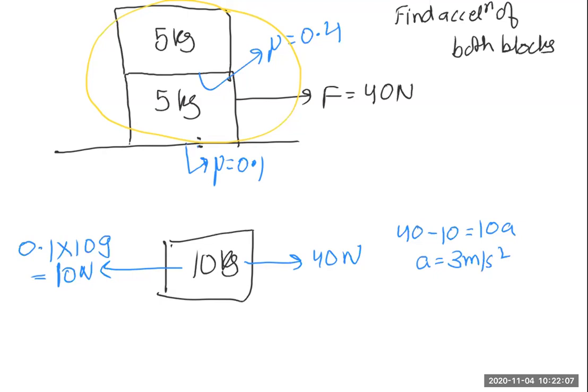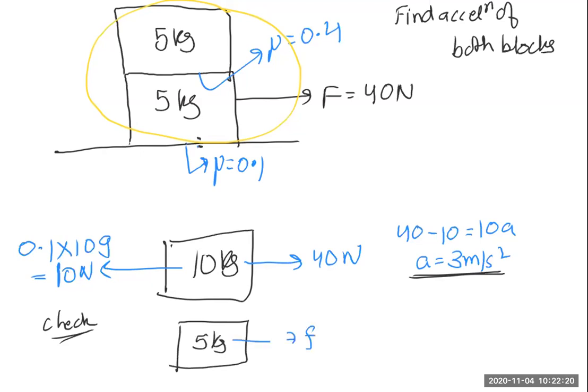अब check कर लेते हैं एक बार. I think everybody is getting this as the answer, so just let me check. ऊपर वाले ब्लॉक पे चेक करते हैं. 5 kg. ऊपर वाले ब्लॉक पे हॉरिजॉन्टल केवल फ्रिक्शन फोर्स लगी है F. So F is equal to 5a, which is equal to 15 newtons. And then we have to find the value of F max here. यहाँ पे F max हमें निकालना है.